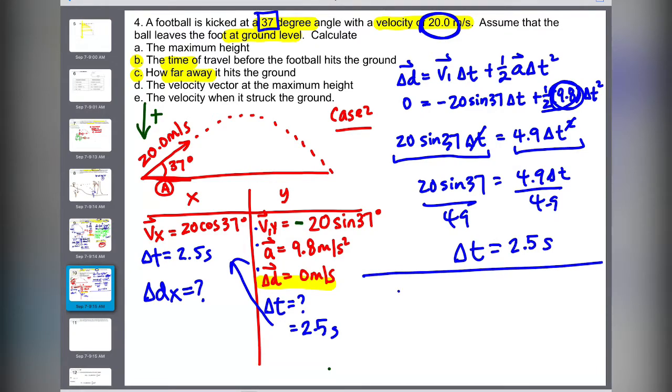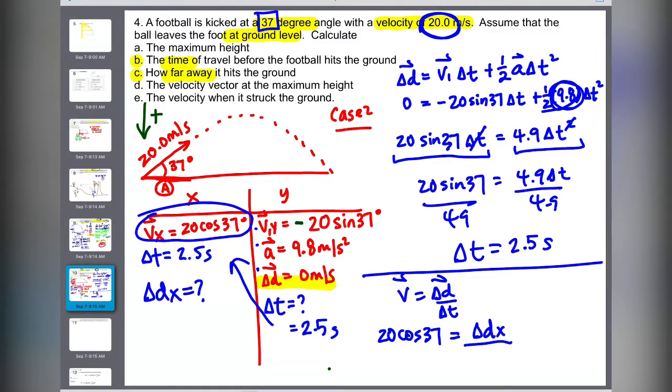Constant velocity, I only have one equation that I get to use, which is velocity is displacement over time. Velocity x, so make sure I'm using this right, is 20 cosine of 37. It equals delta dx divided by the time, which is 2.5.